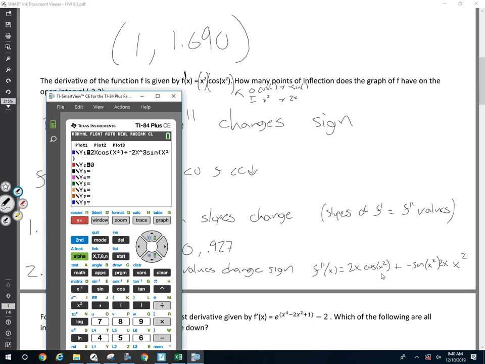That was the first: 2x cos x squared plus negative 2x cubed sine x squared. That's right. But maybe this is getting all messed up.